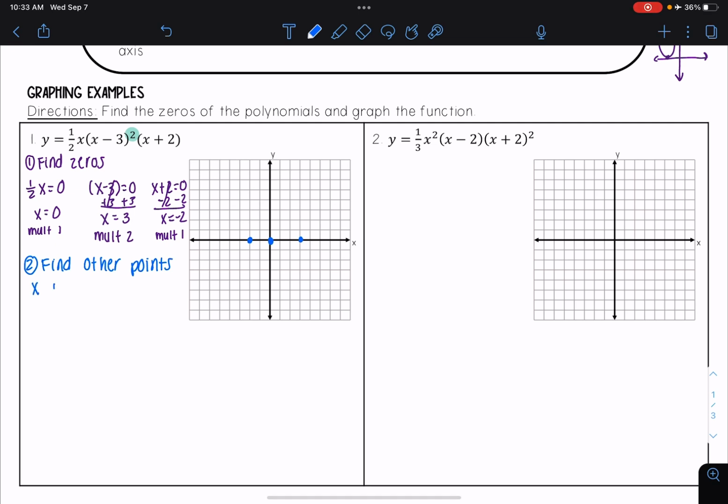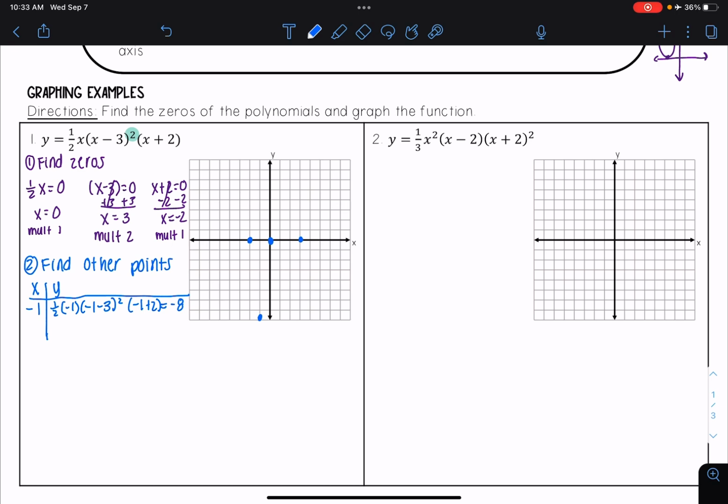So I can plug negative 1 into the equation. And so when I plug in negative 1, I have 1/2 times negative 1 times negative 1 minus 3 squared times negative 1 plus 2. And when I plug that in, I get negative 8. So negative 1, negative 8.